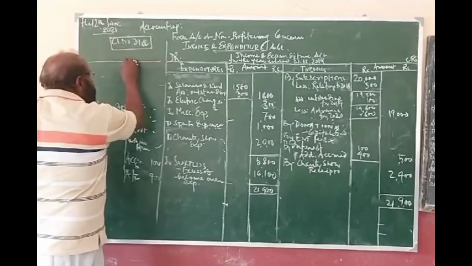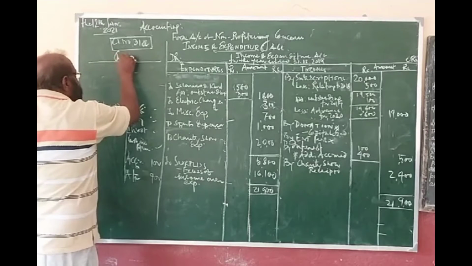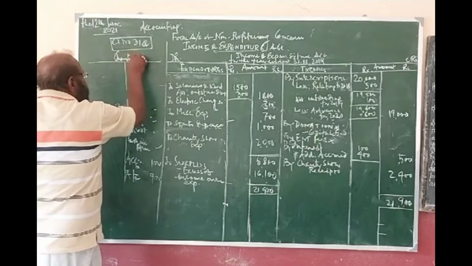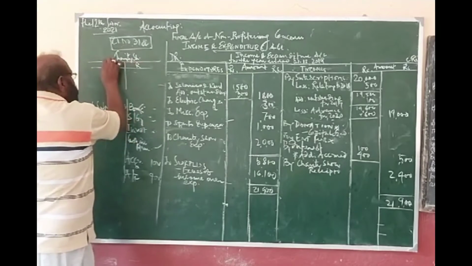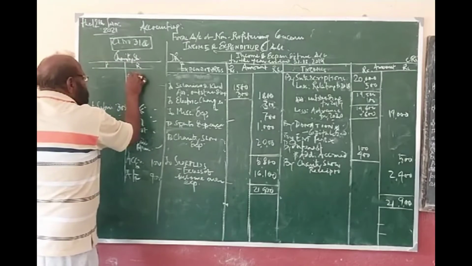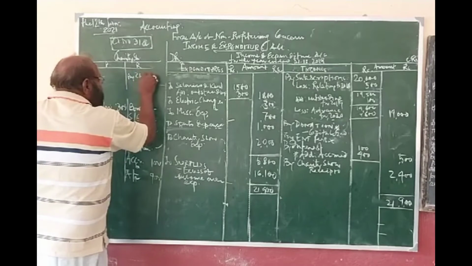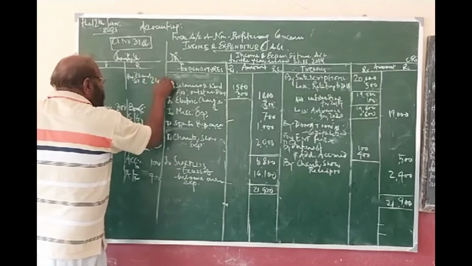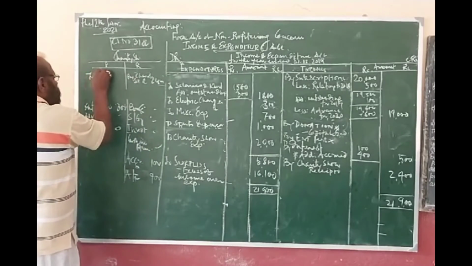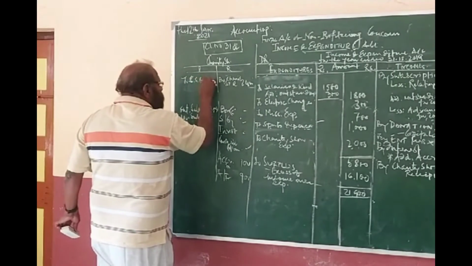Make a charity show account. Here you write the receipts, here you write the payments. By charity show receipts 2,400, to charity show expenses 2,000.